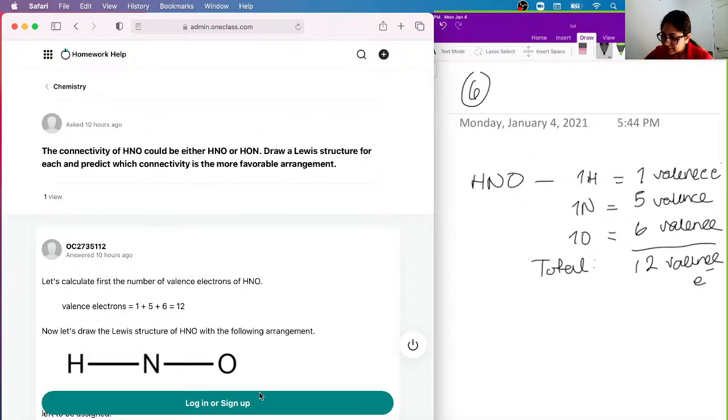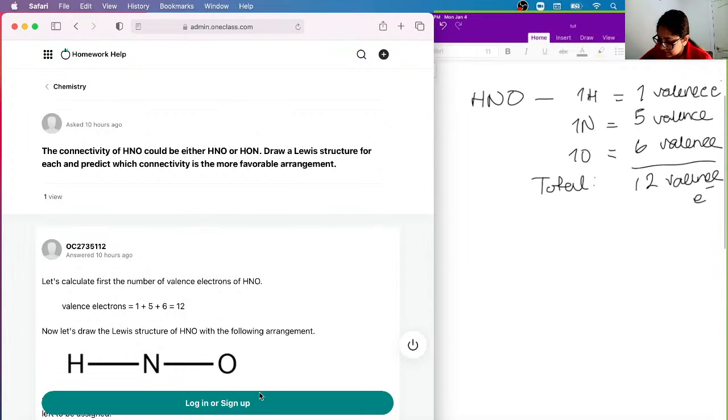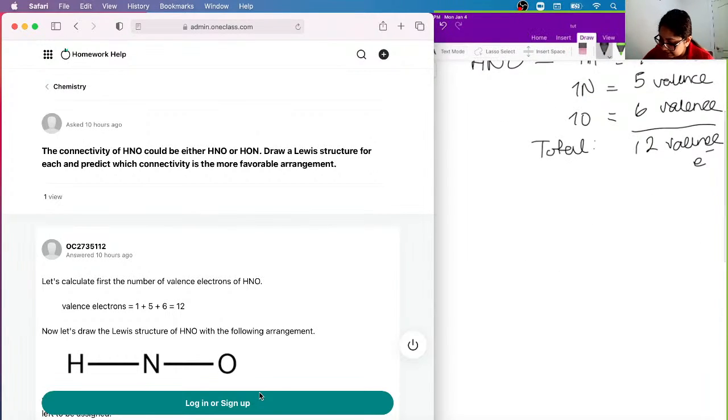Okay, so now let's draw the Lewis structure using the following arrangement. Since it's HNO, we can probably guess that this would be the arrangement H-N-O. So the two bonds represent 4 of the 12 valence electrons, where 4 of them are being shared out of the 12. So there are 8 valence electrons left.